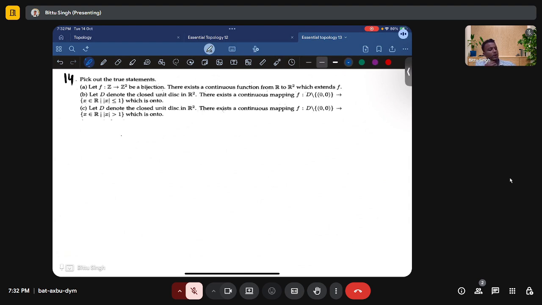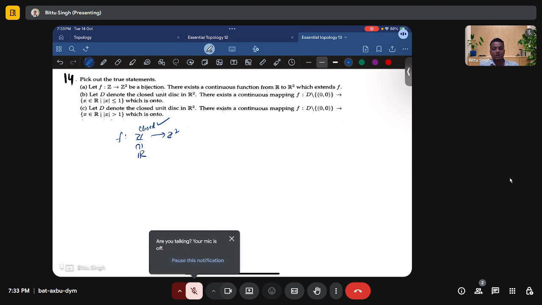In this question, given f is a bijection from Z to Z square, there exists a continuous function from R to R2. So note that if we consider Z as a subspace of R, this is actually a closed subspace, right? And also we know that Z forms a discrete topology.